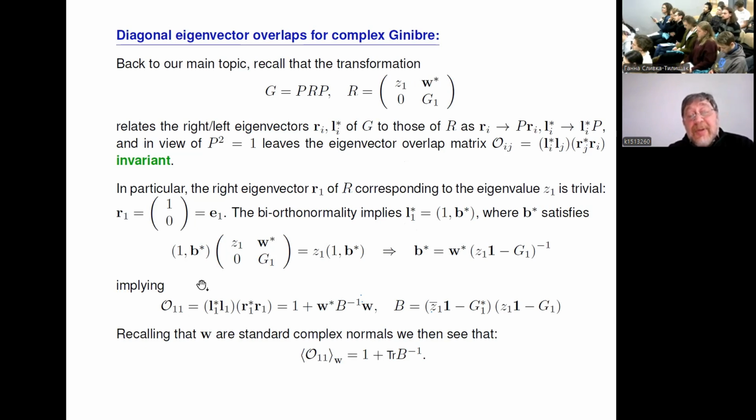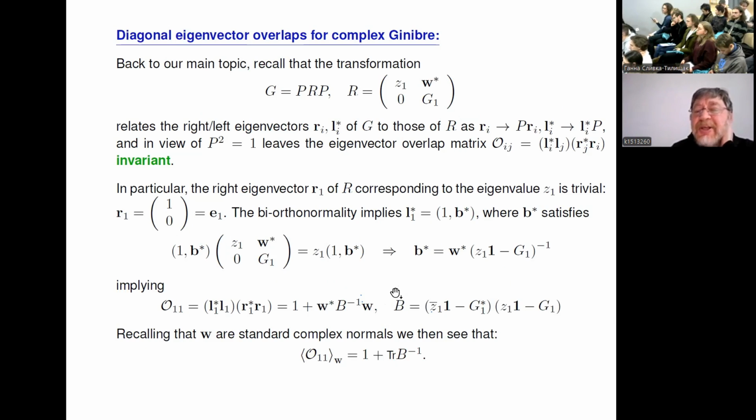And then one can immediately, from knowledge of the right and left eigenvectors, build our favorite object O11, which is the squared condition number corresponding to the first eigenvalue. Taking this form, we just immediately see that it can be written in terms of the following matrix: the matrix product of two characteristic matrices for G1 and its Hermitian conjugate.